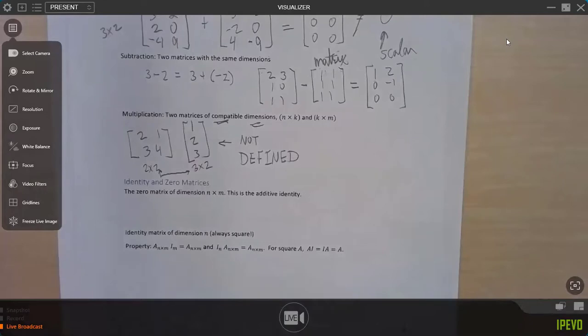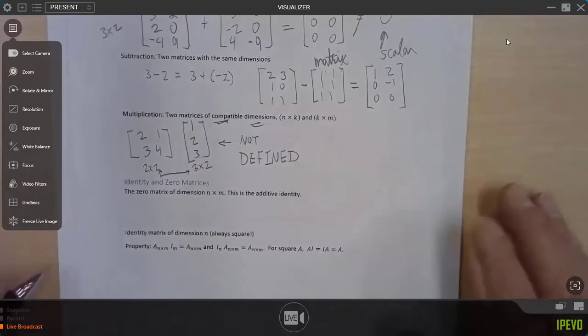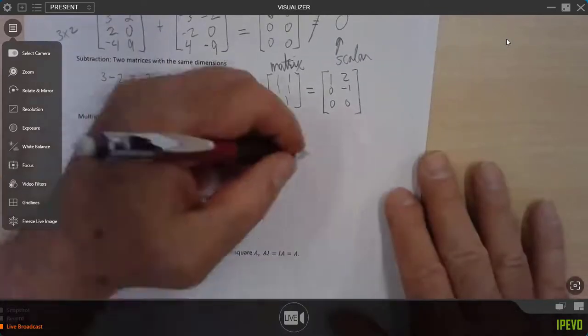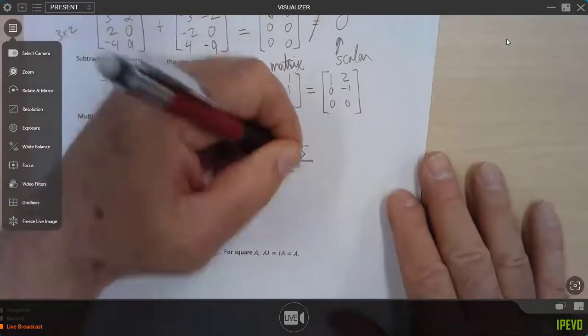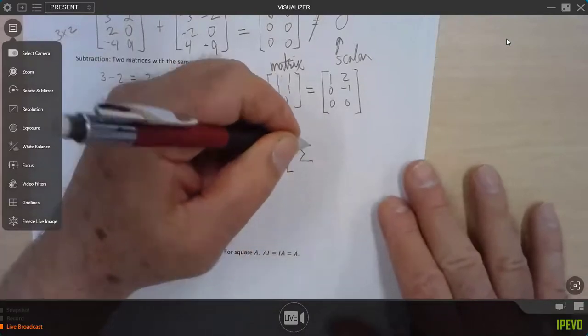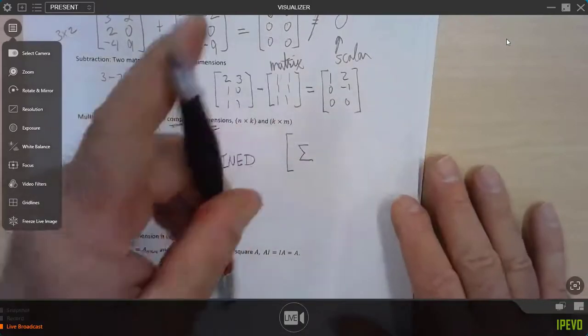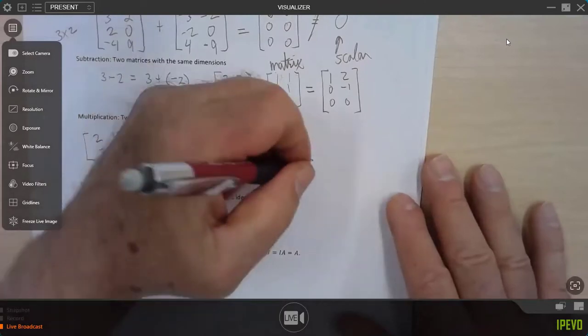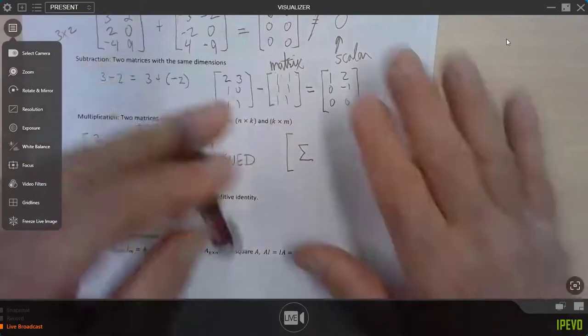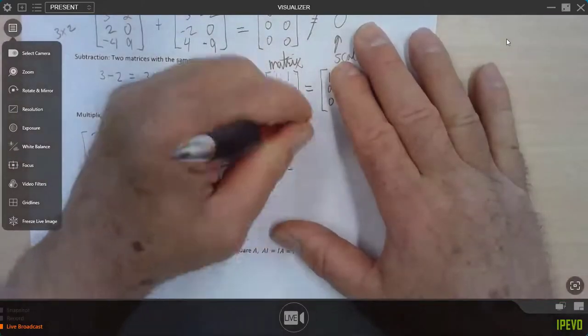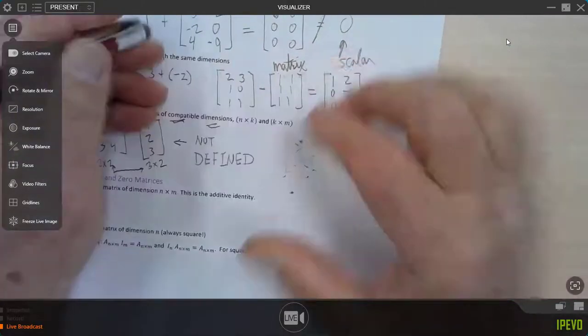Otherwise, if they do agree, then you do just what we said before, right? And there is an official definition for it. I'll just write this. This is how I was taught. It won't make sense unless I write the whole equation.